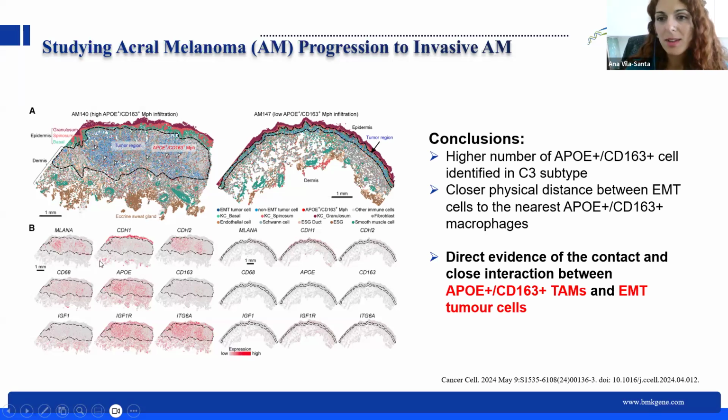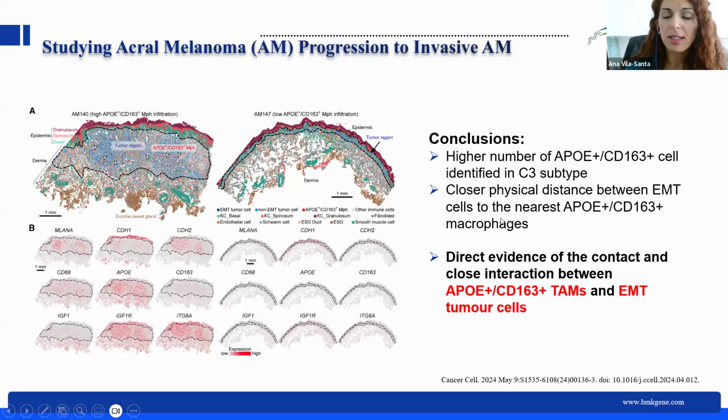So going into the things that were actually being studied here, the authors were able to find a high number of these specific kinds of macrophages in the C3 subtype tumors.